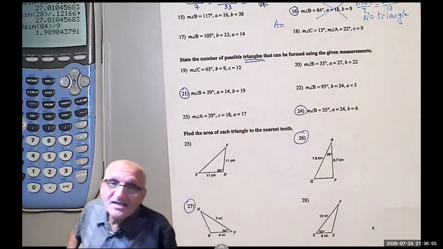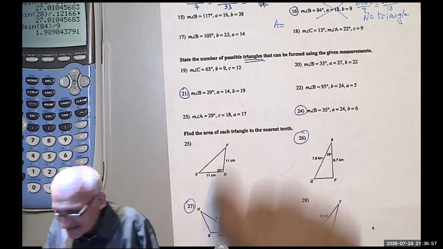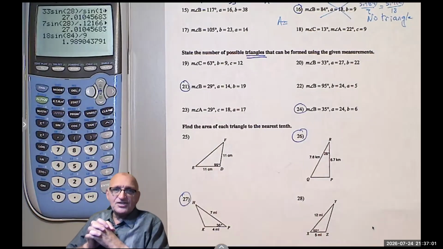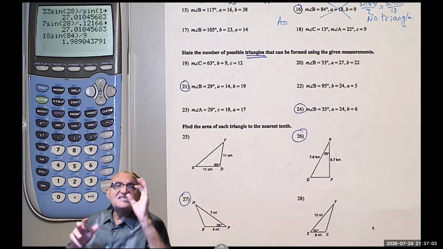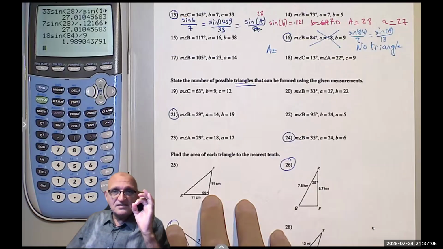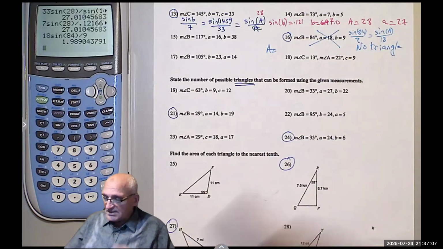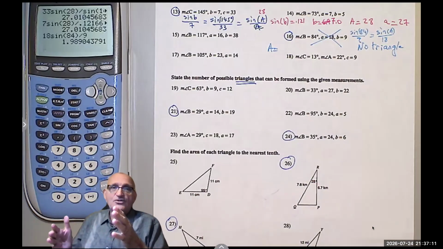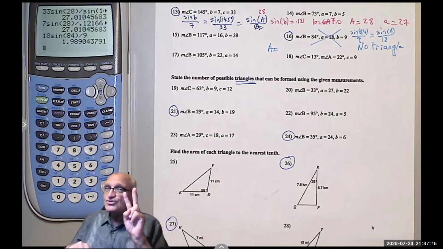Okay, here it's a little tricky. It says state the number of possible triangles. What do you mean possible triangles? I can have 0 triangles that fit these values like we saw here, or I can find a unique triangle, or I can have 2 triangles.